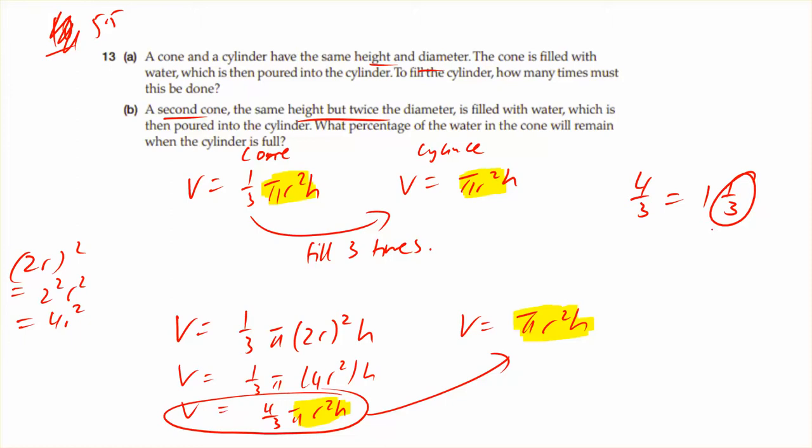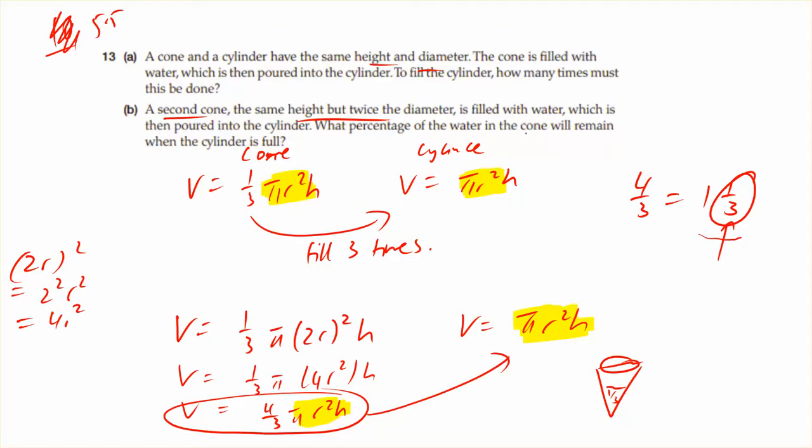The cylinder can only take up one whole, not all of the water in the cone now. It can only take up as much as if it has a third left. So if the cone is now a third full, it asks us what percentage of water in the cone will remain when the cylinder is full.